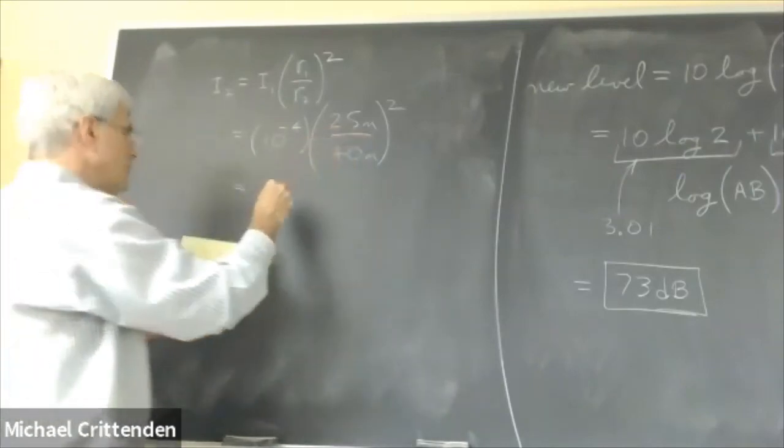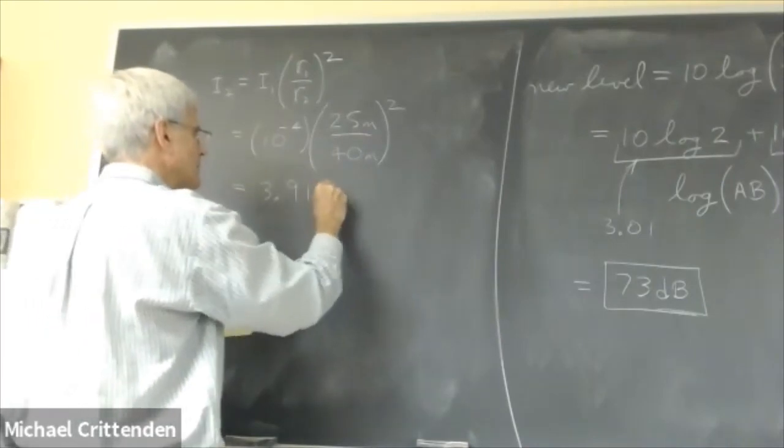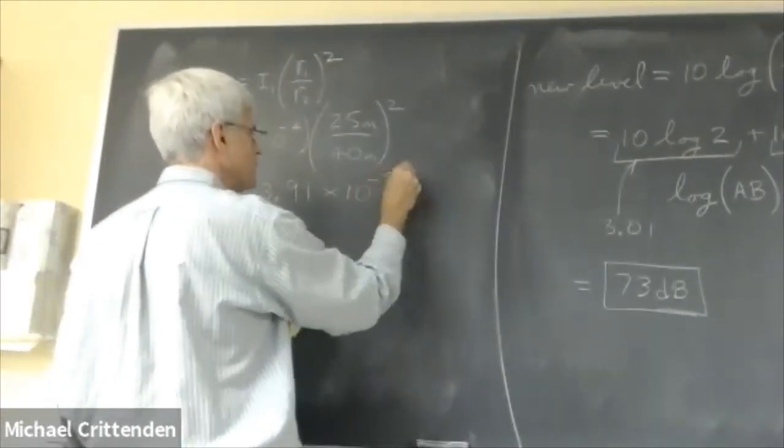So you calculate all this, it comes out 3.91 times 10 to the negative 5th.